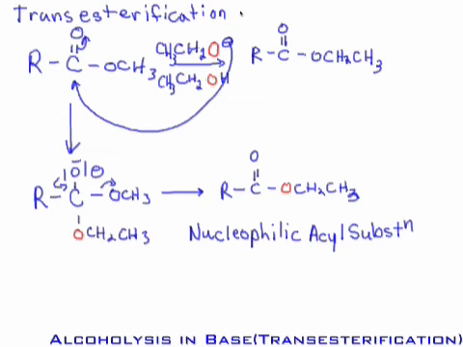It can take place in acid or base, and what you see here is the base reaction mechanism. Notice you must always use the conjugate acid of whatever base you use. If you use ethoxide, you must use ethanol. If you use propoxide, you must use propanol. If you use tert-butoxide, you must use tert-butyl alcohol.